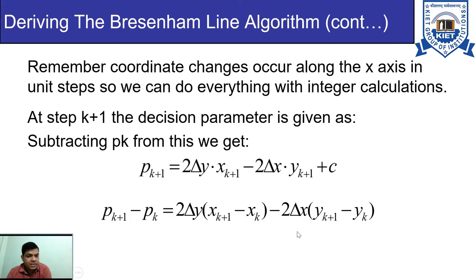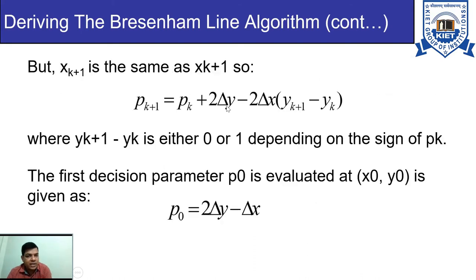We know that we are moving across the x-axis. So whenever you take the difference of these two quantities, you will get 1, and you have to substitute this value here. So finally, as an equation, we get pk plus 1 equals pk plus 2 delta y minus 2 delta x times yk plus 1 minus yk.